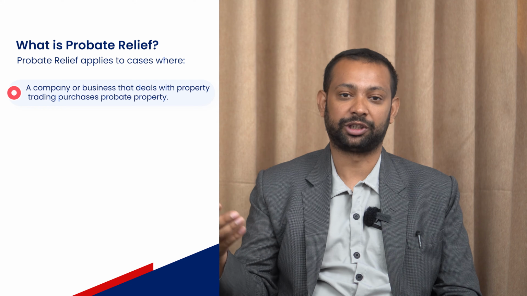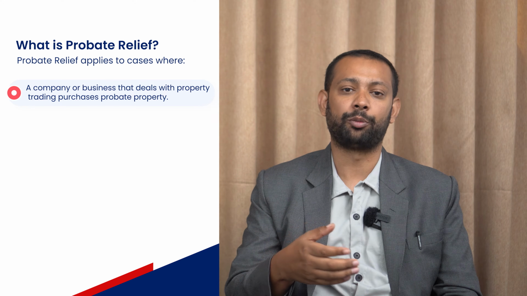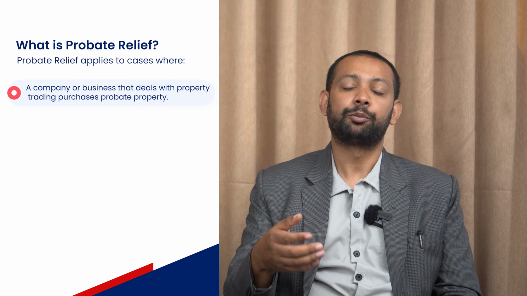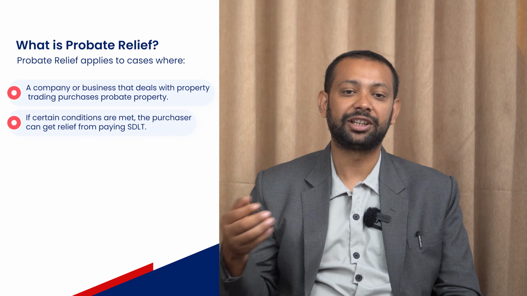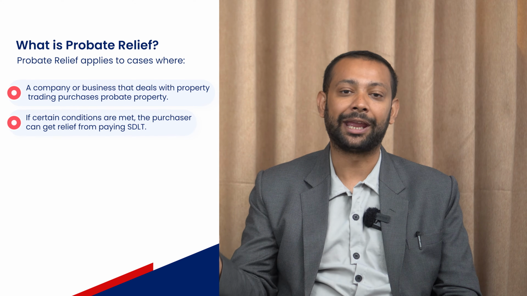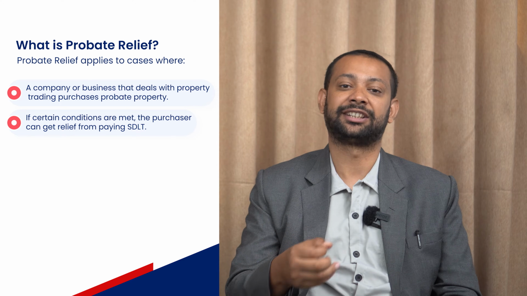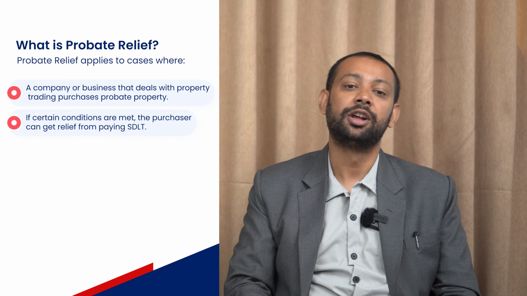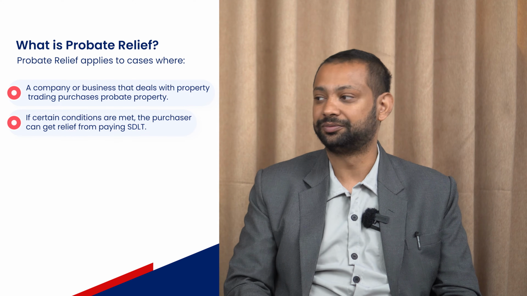In the case of probate relief, it's a situation where a company or a firm that is in the business of property trading buys probate property. Provided certain conditions are met, they do not have to pay the stamp duty land tax. And that's exactly what probate relief relates to.